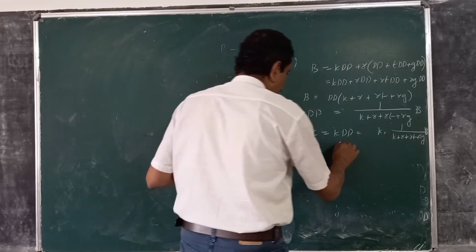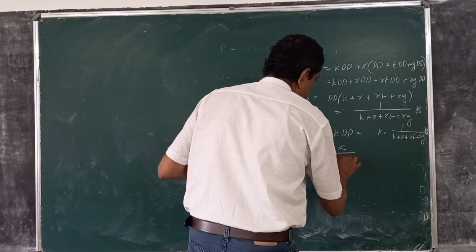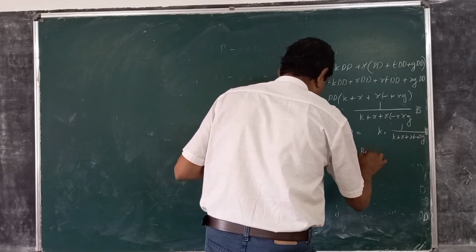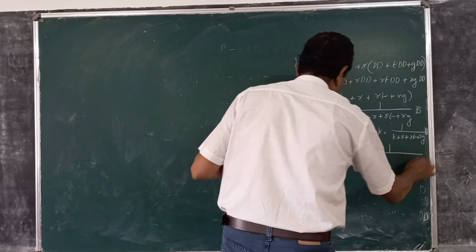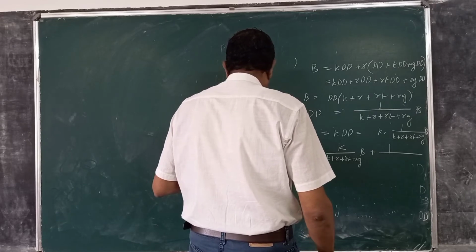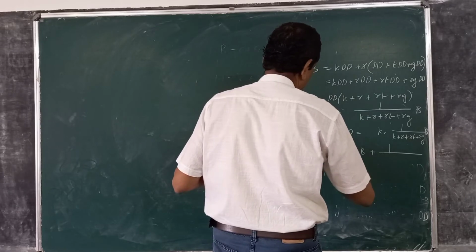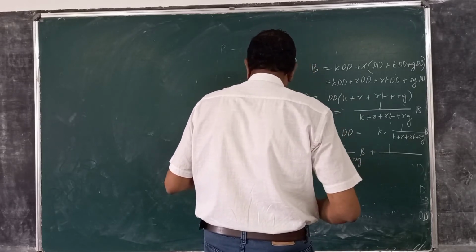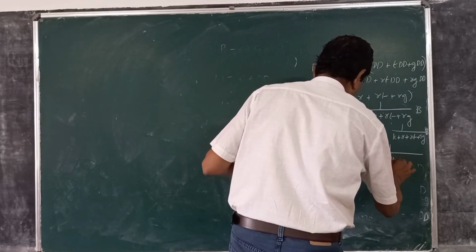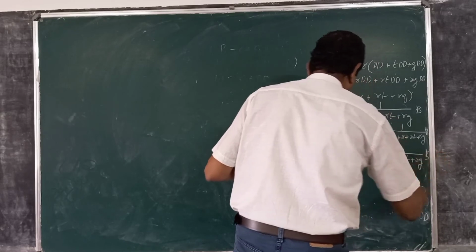What is C? K by K plus R plus RT plus RG into B. Plus, what is DD? DD is equal to 1 by K plus R plus RT plus RG into B.